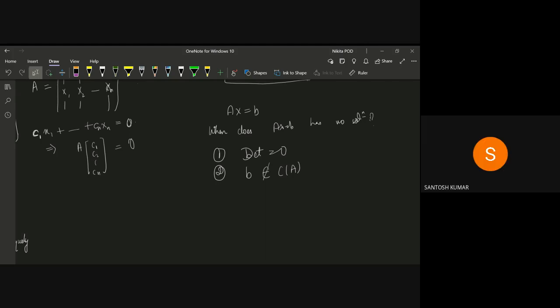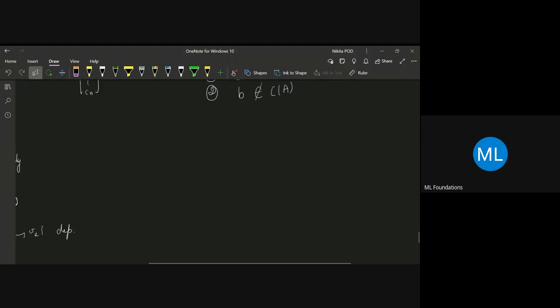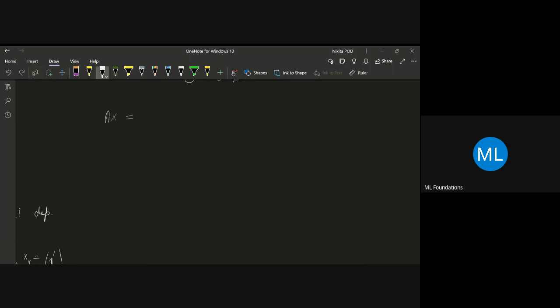How can we check whether B does not belong to the column space? How do you check that B belongs to the column space? How do you check that Ax equals B has a solution?